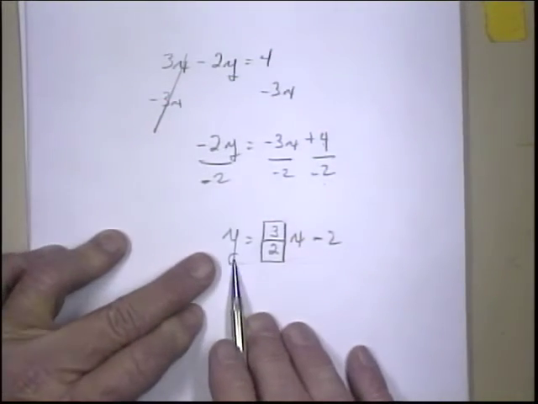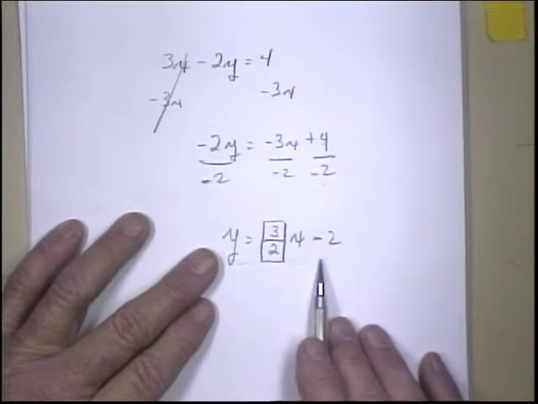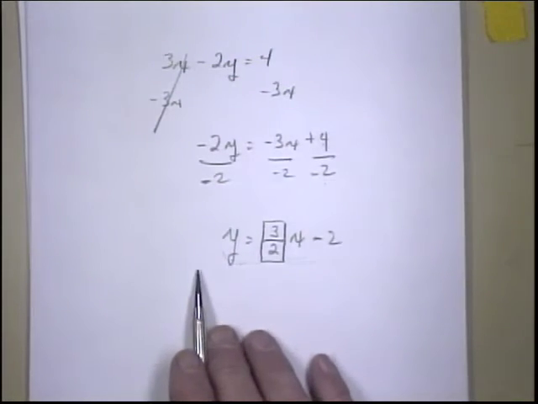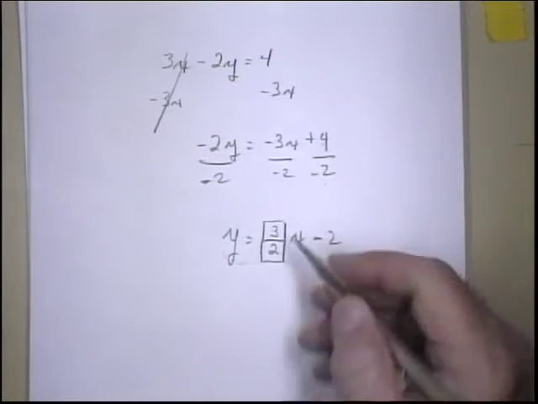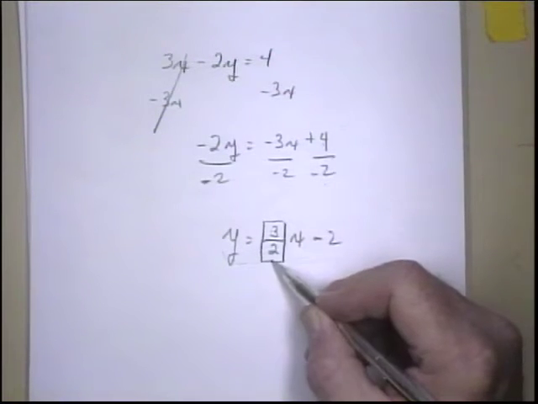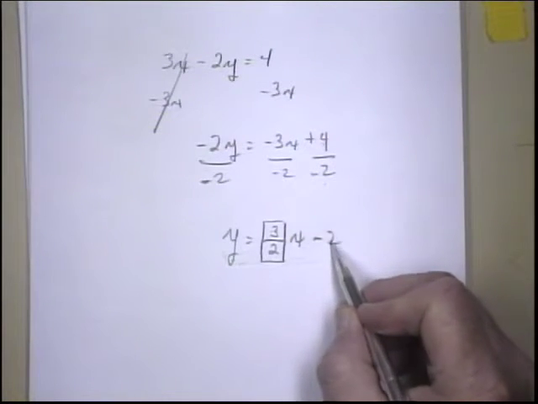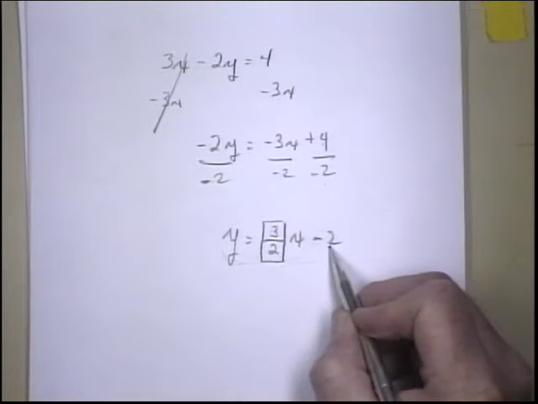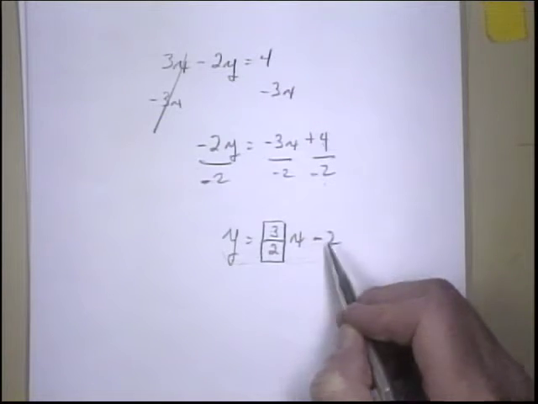And I said at the end of that lesson that when we get a linear equation in this form, this is called the slope-intercept form of an equation of a line. This number in front of the x is always the slope, and this is always the value of y where the line crosses the y-axis. So here's the slope, and here is the intercept of the line crossing the y-axis.